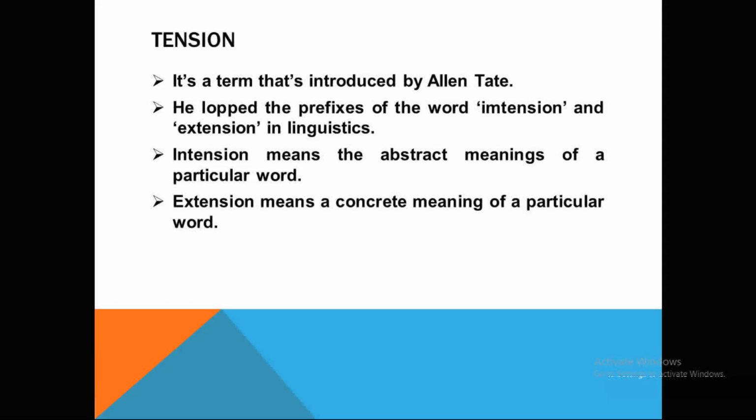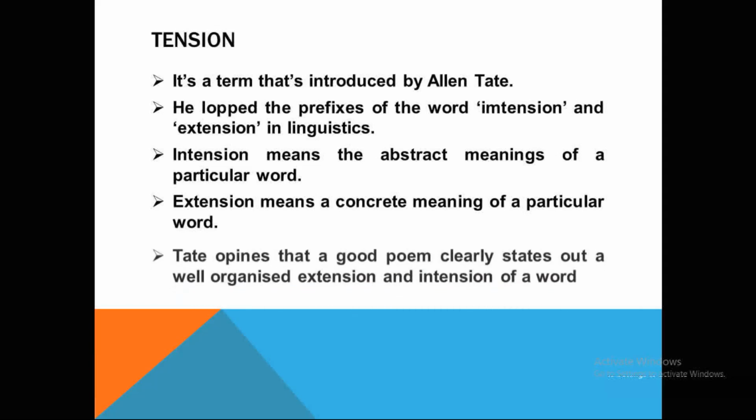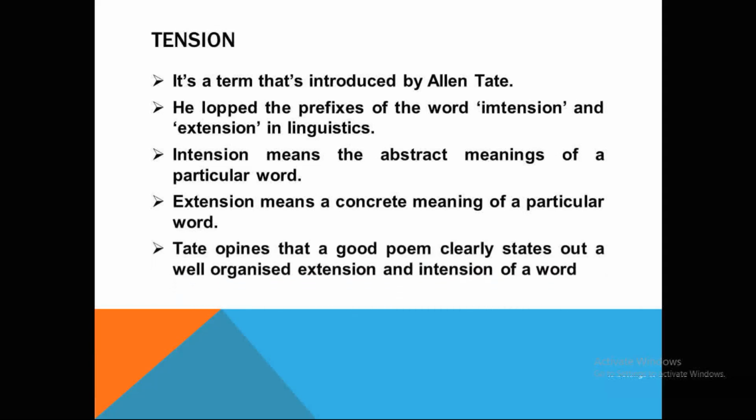So Allen Tate tried to bring in a kind of equilibrium between extension and intention. When you analyze a text, you should not just focus on extension, or just focus on intention. There should be an equilibrium based on the textual analysis, and that is tension. So ex and in are removed and one word is given.